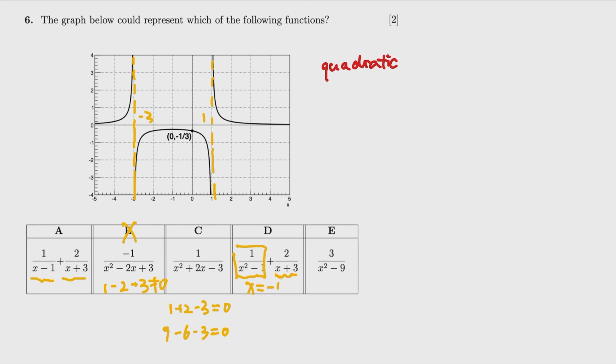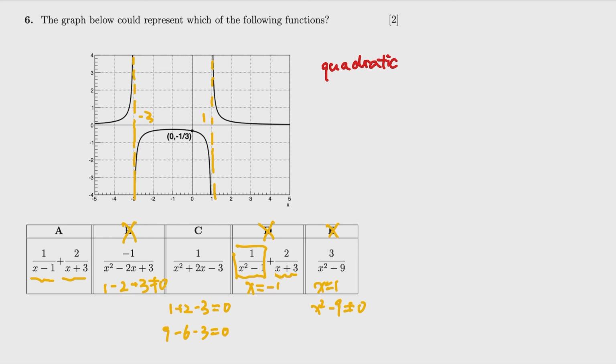But x equals minus 1 is not a vertical asymptote in the graph. Option E. If you put x equals 1 into the denominator, x squared minus 9 is not going to be equal to 0, so E is not the answer. Now, we've ruled out three possible answers, and what's left is just A and C.